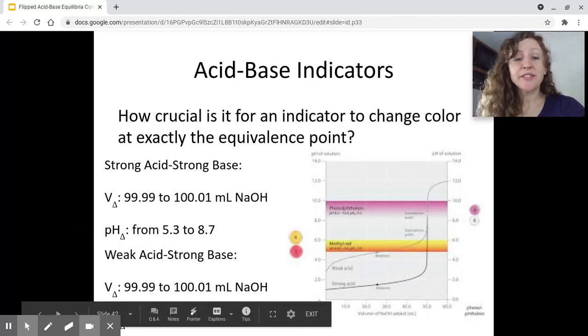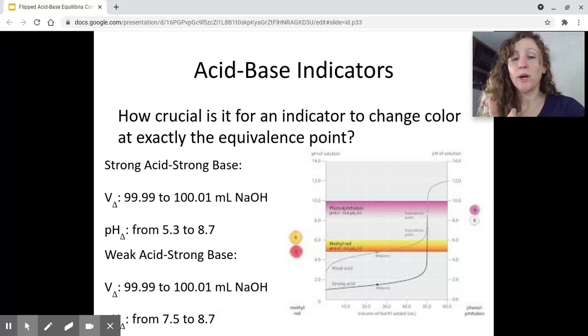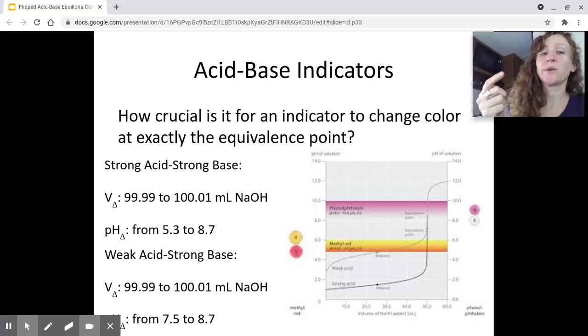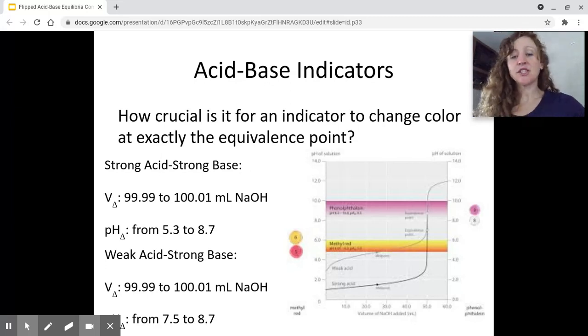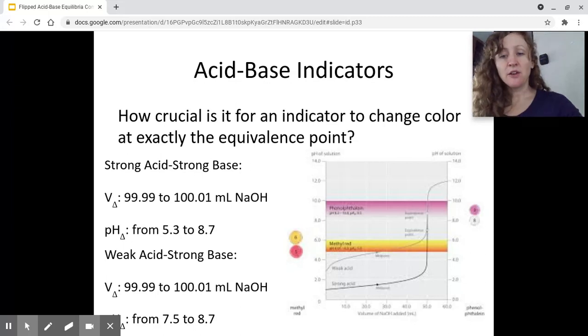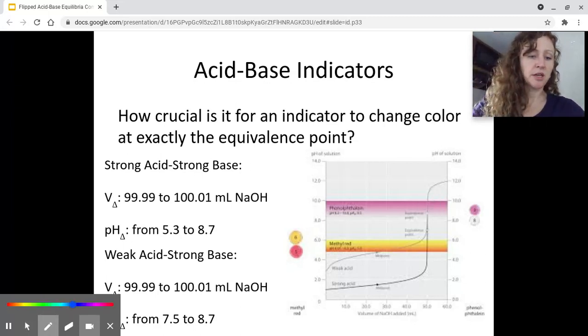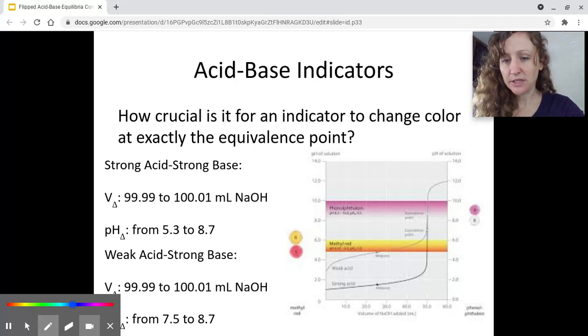Now, do we have to choose one that has the color change that occurs exactly at the pH? This is what we were just talking about, and the answer is no. Notice phenolphthalein, which is the pink to clear. This is the really famous indicator that a lot of people have worked with.